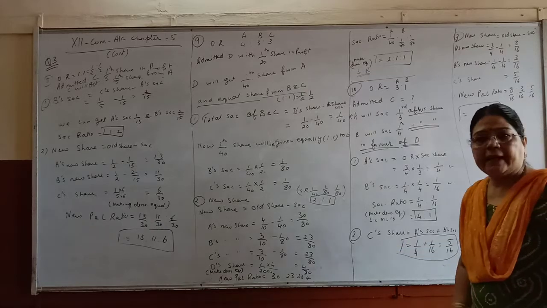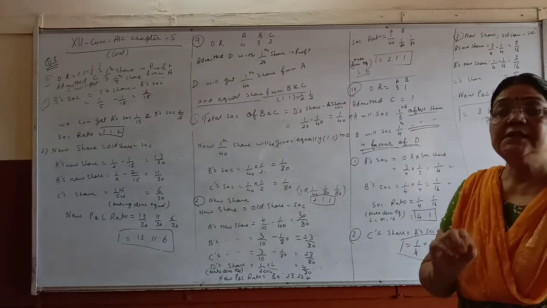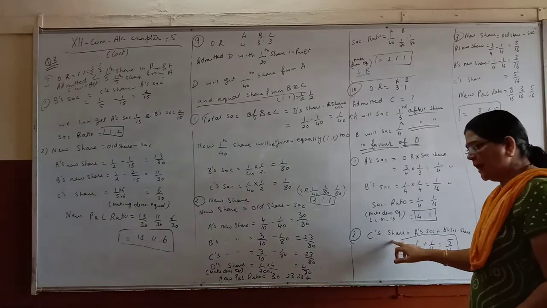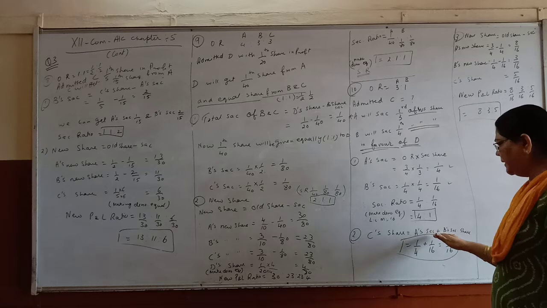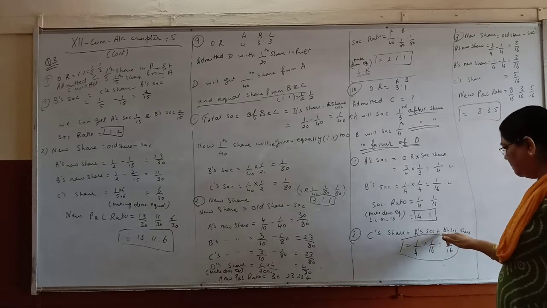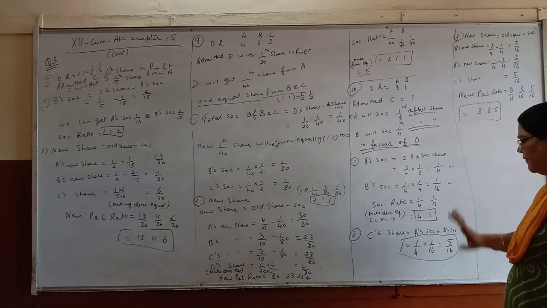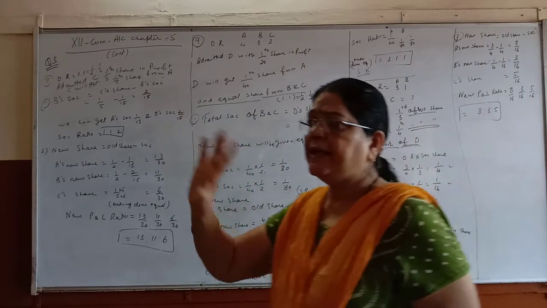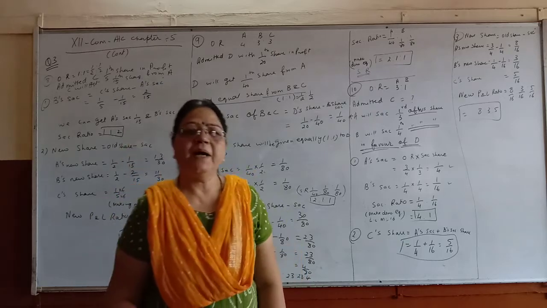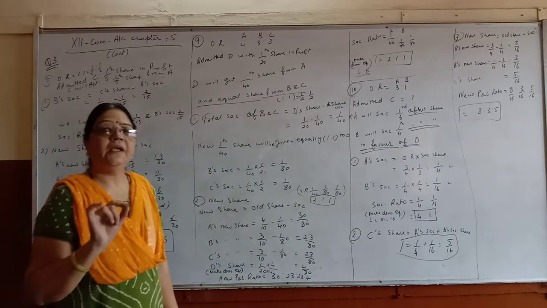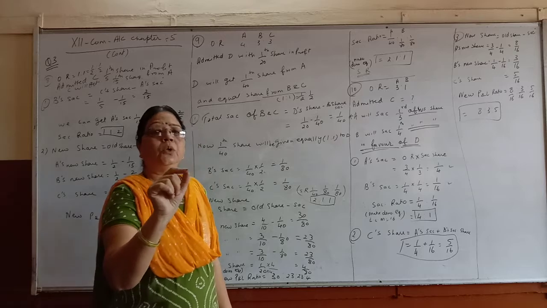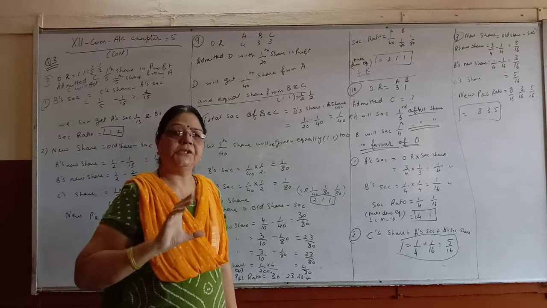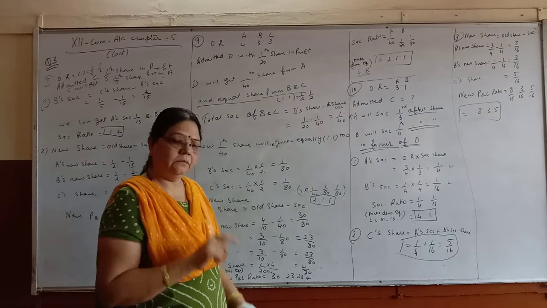Now our second point is C's share. C's share is equal to A's sacrifice plus B's sacrifice. How much A will give C plus how much B will give C? The total of A's and B's sacrifice will be the share of the new partner.